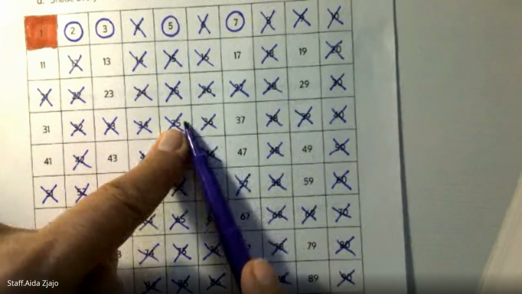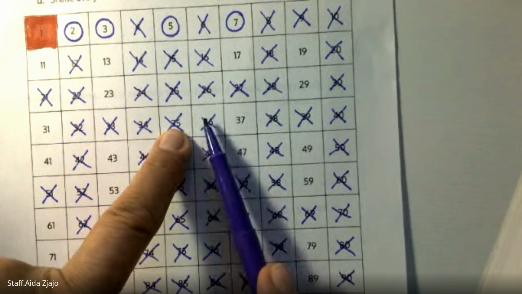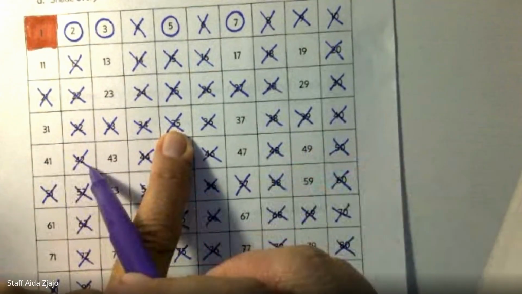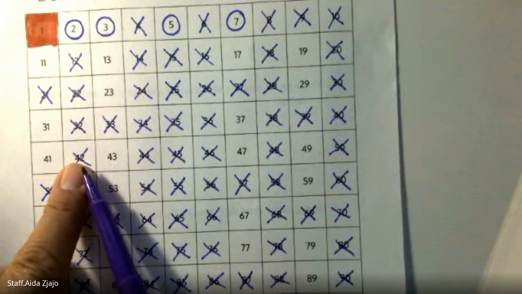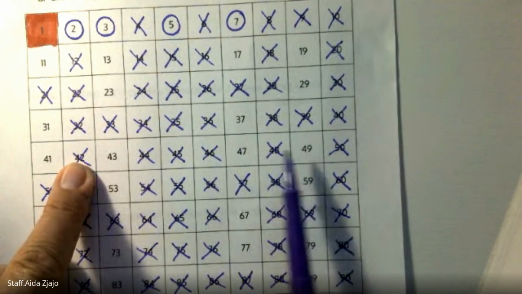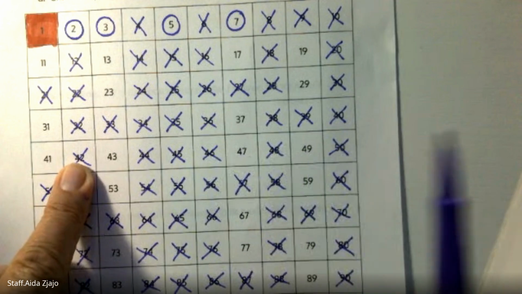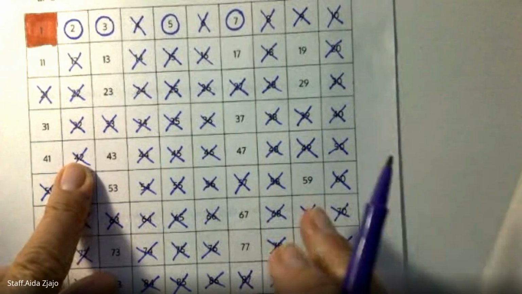If you don't know 35 plus 7, count 1, 2, 3, 4, 5, 6, 7, that's 42. And then 42 and 7 is 49.